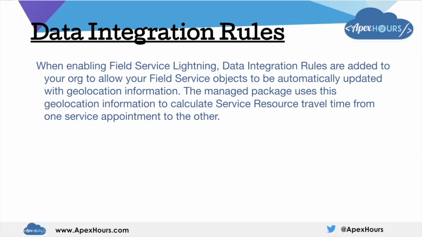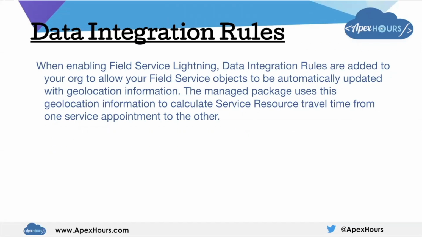Now, by default, the data integration rule setup does not allow the triggers to run upon geolocation field update. It is necessary to change this configuration to allow the managed package triggers to run and calculate the updated travel time. Otherwise, the scheduling engine won't function properly.